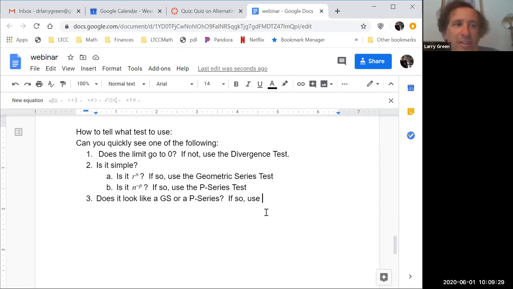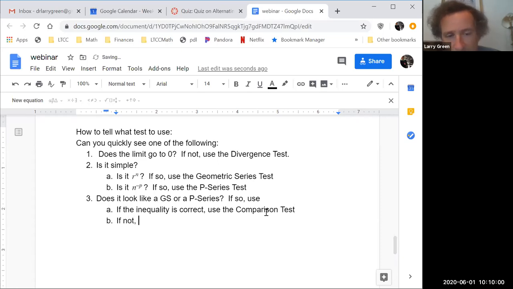Remember, those are special types. Yeah, we use a comparison test. And that is if the inequality is correct, use the comparison test. If not, use the limit comparison test.